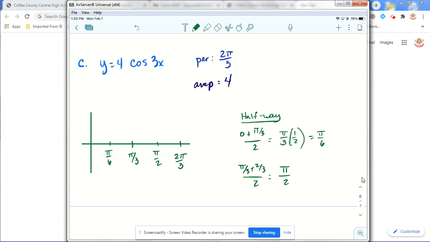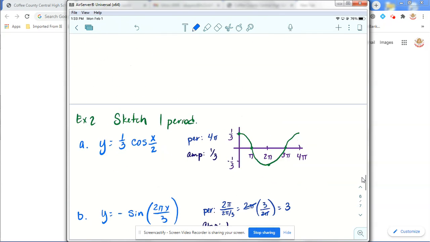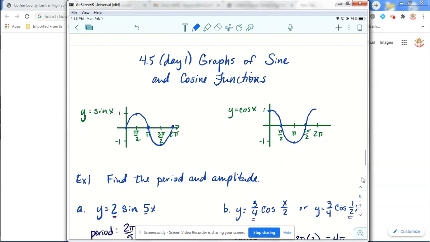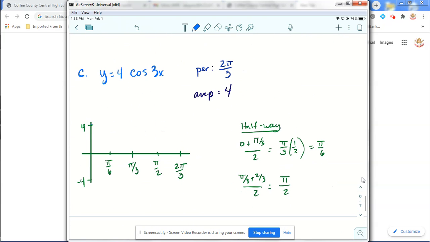For your y-axis, we need to label the amplitude and the negative version of the amplitude. And then when I graph cosine, we start up at a maximum, and then down to an x-intercept, and then a minimum, and then an x-intercept, and then a maximum.